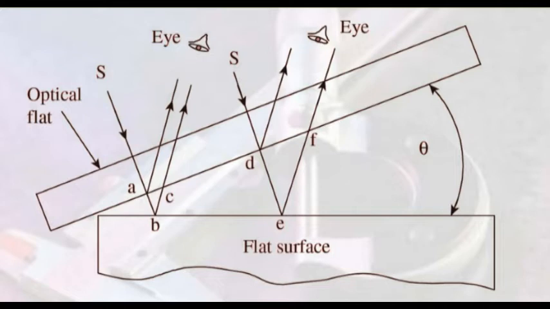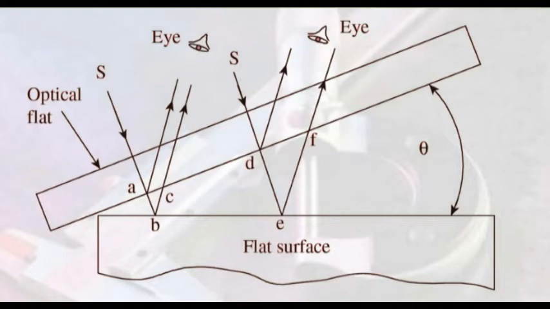The light ray is partially reflected at the lower point of the optical flat, and partially moves to the flat surface, is transmitted and reflected, and these two reach the eye, which is oriented at a very small angle with respect to the flat reflecting surface. So alternate bands of light and dark patches are seen by the human eye.